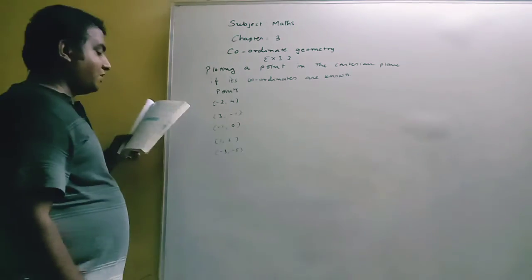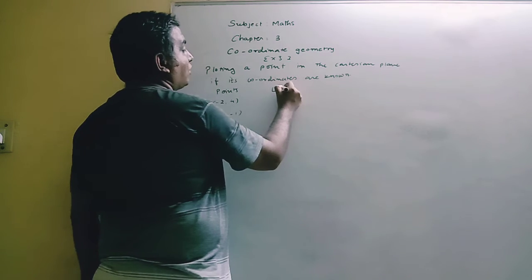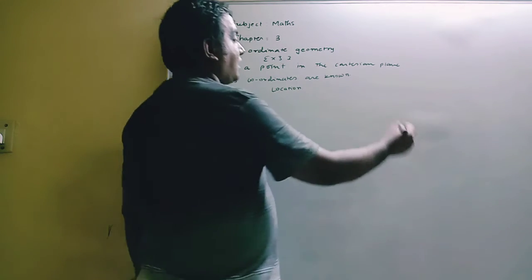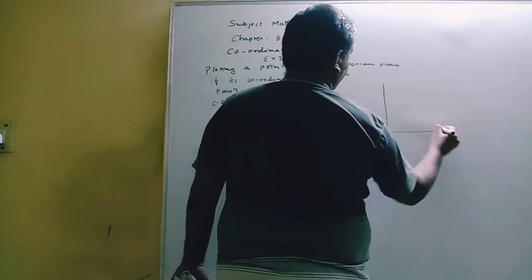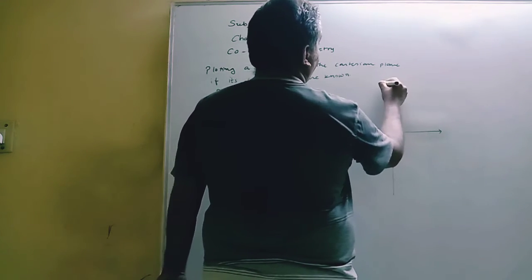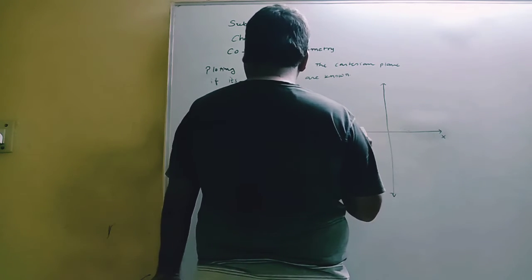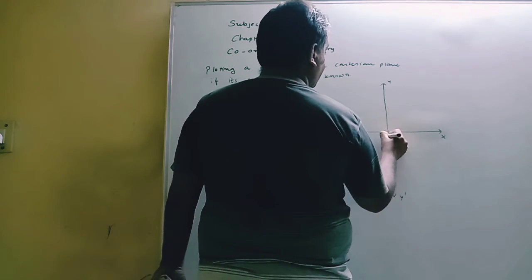And verify the answer by locating them in the Cartesian plane. So the points are given, and we have to write down each location. For the location we draw the Cartesian plane, then X dash, Y dash and origin.